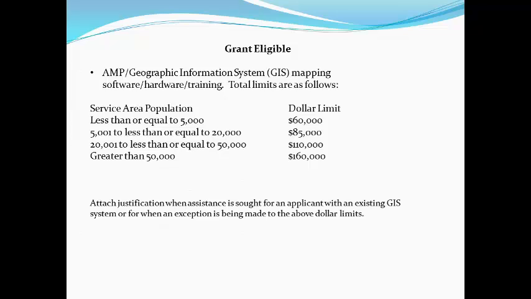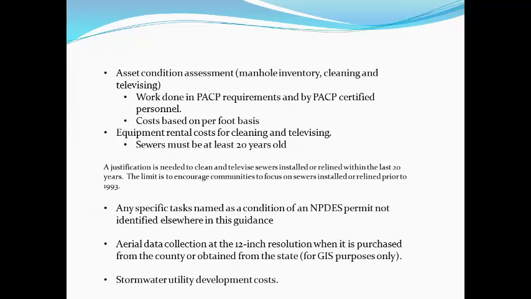However, the work group decided that we wanted to put a limit on how much money a particular applicant could draw for those different categories. And we have set up limits based upon population size. These limits, however, can be exceeded if a justification is made by the applicant.